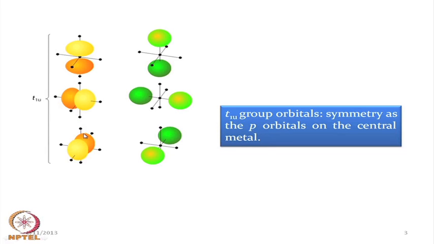Therefore, altogether one plus two plus three, that means 6 orbitals, are available from the metal side for interaction. Similarly, the SALCs, that means the symmetry adapted linear combinations of the available orbitals on the ligand atoms, are also 6 in number. So 6 plus 6, 12 orbitals are involved in the molecular orbital formation for sigma bonding.